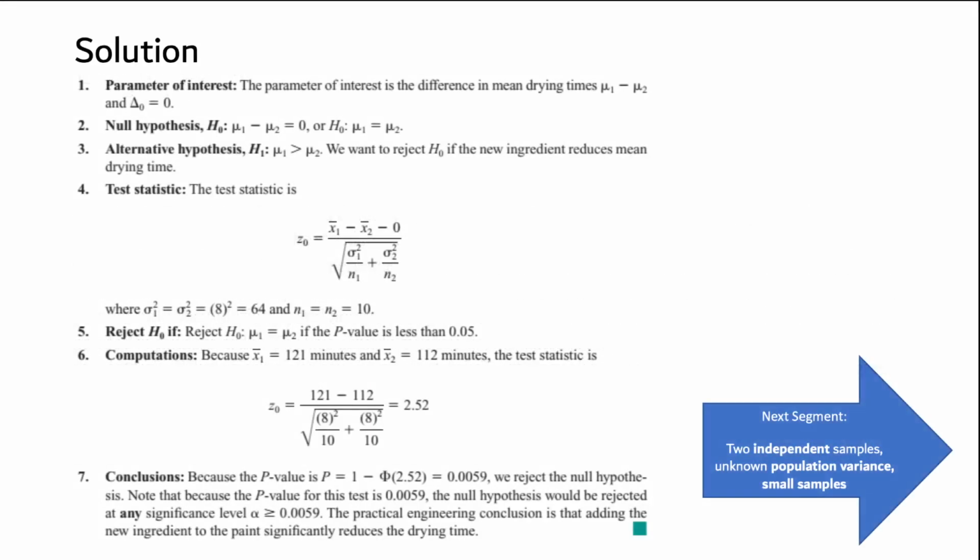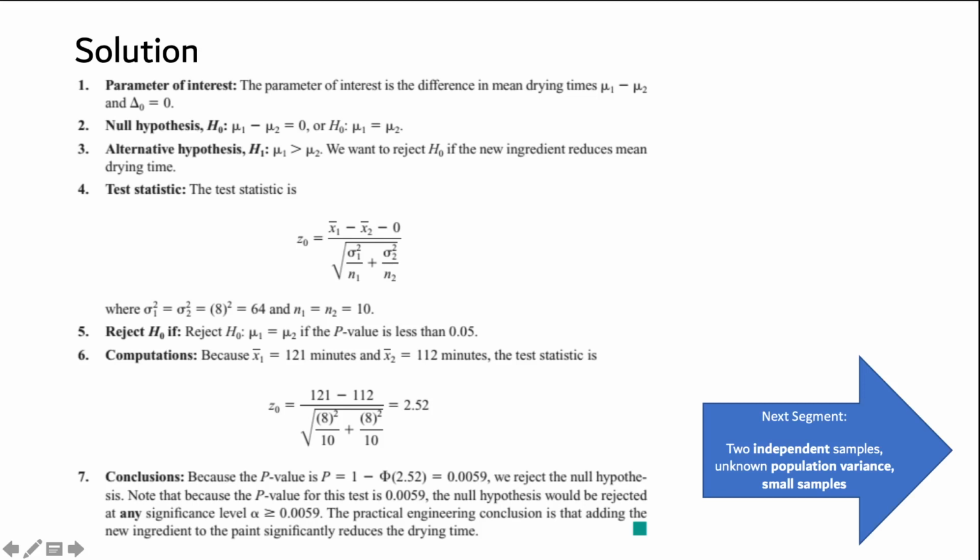To draw the conclusion, first we look at the parameter of interest. Here, the parameter of interest is the difference in the mean drying times, mu1 minus mu2. For this case, we choose the delta 0 value as 0. The null hypothesis is mu1 minus mu2 equal to 0.